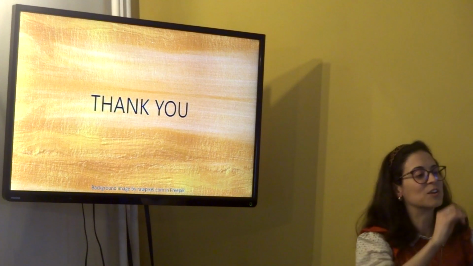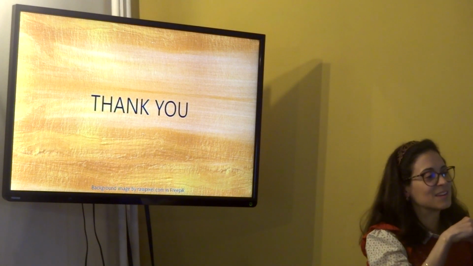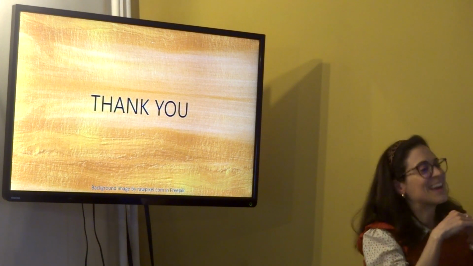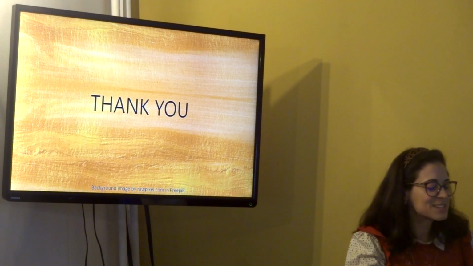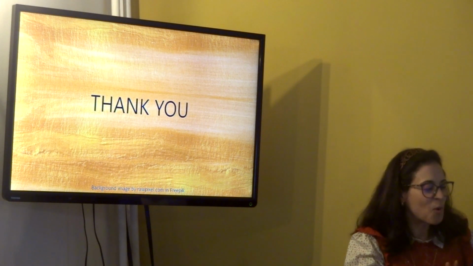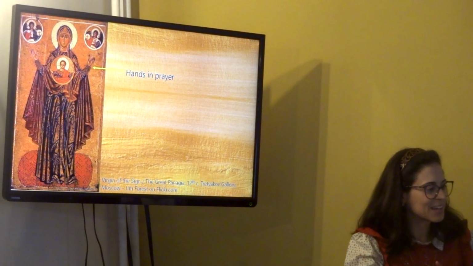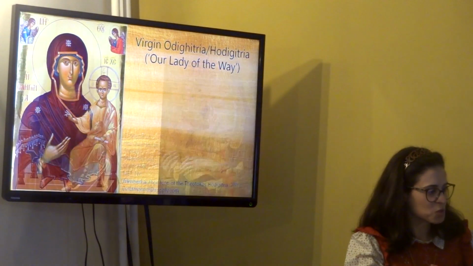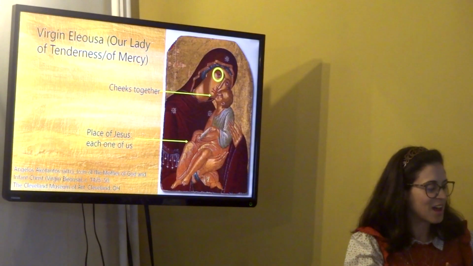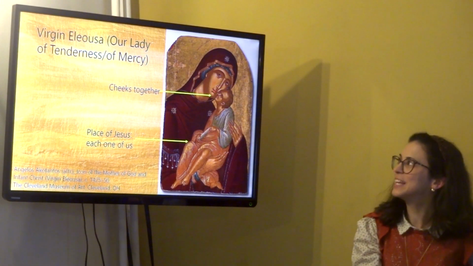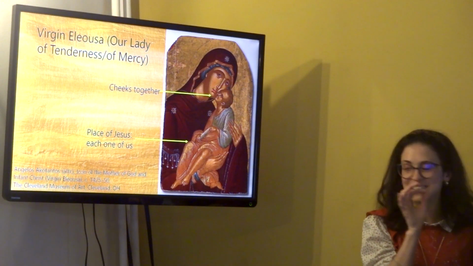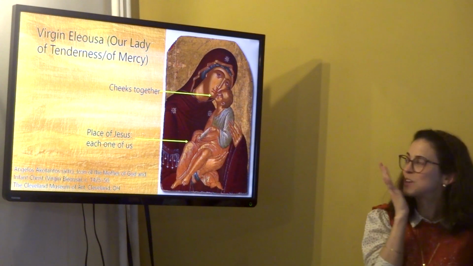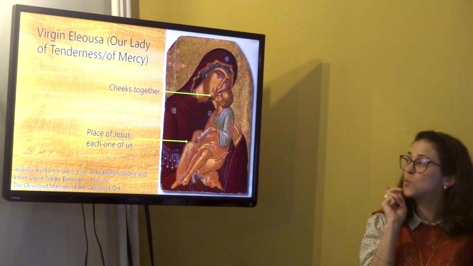There's another variety, not too many, but I've come across quite often. It's called Mlekopitátelnitsa. Sweetly loving or sweetly kissing. Yes. It's very similar to the Eleousa, to the point that I was looking at the Mlekopitátelnitsa and I thought it's really difficult to tell the difference. I think maybe the faces are even closer, but it was a very subtle difference, and that's why I didn't bring it.